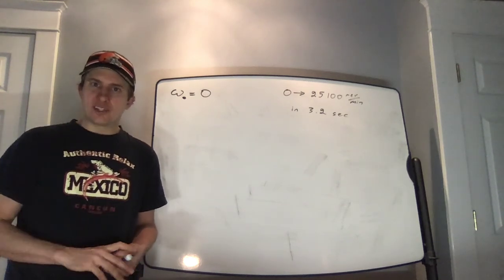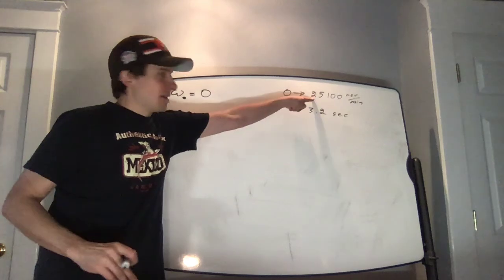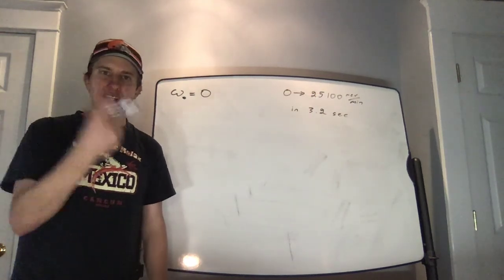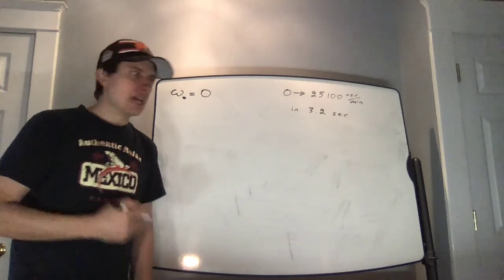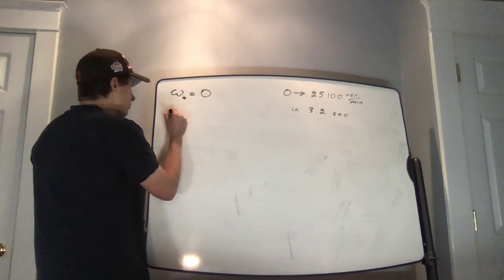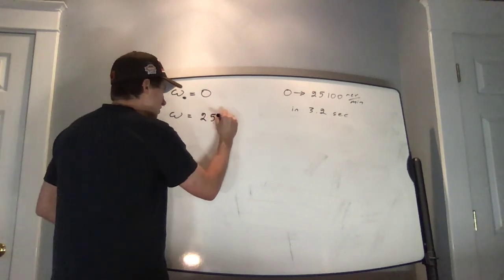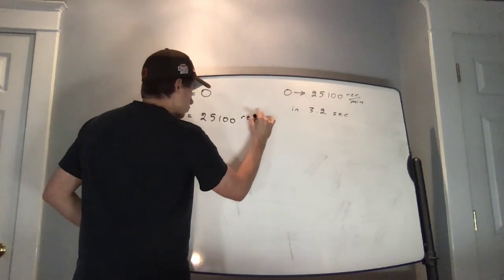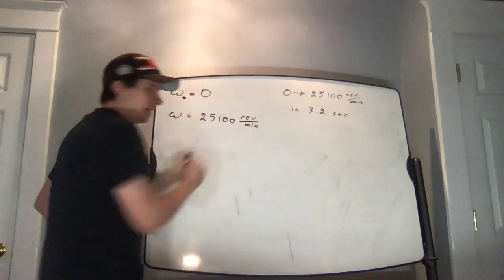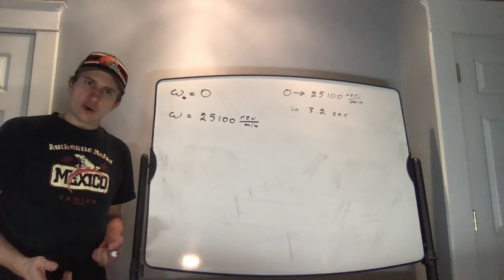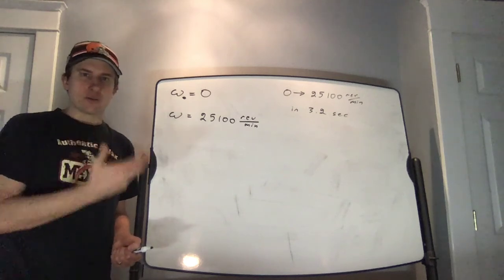After 3.2 seconds, the drill is spinning this rapidly. It's moving around over 25,000 times every minute. So I could write the final angular velocity of the drill is going to be 25,100 revolutions per minute.